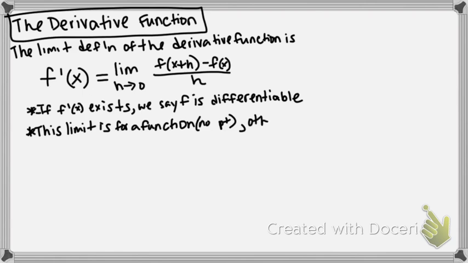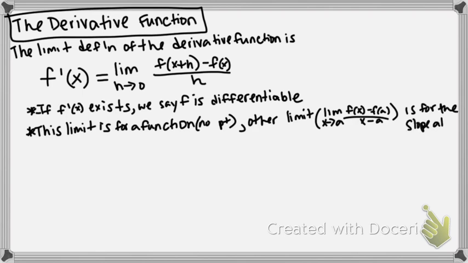The other limit, aka the limit as x approaches a of f of x minus f of a all over x minus a, is for the slope at a point, or the number. Okay, it's going to be a number answer. So when we say find f prime, it's going to be an equation. When we say find the slope, it's going to be a number. And so that's when you use each limit.